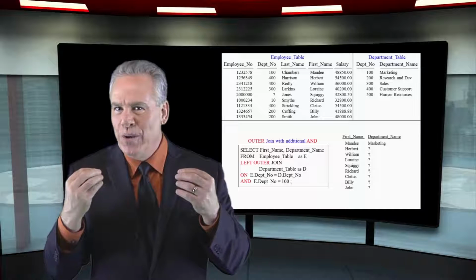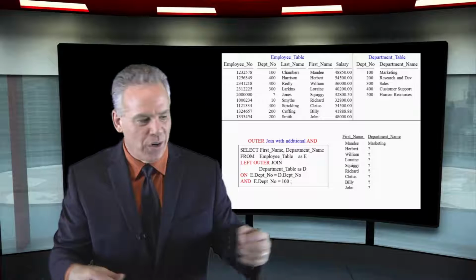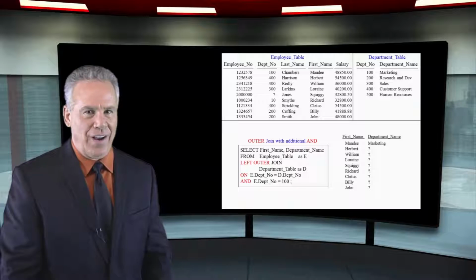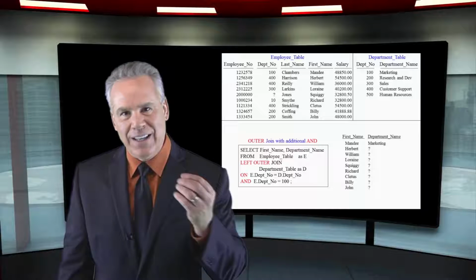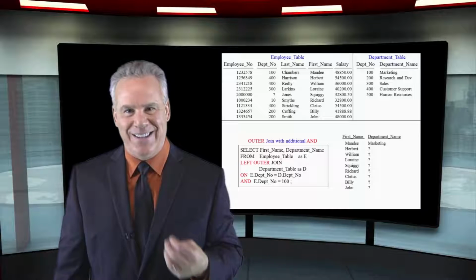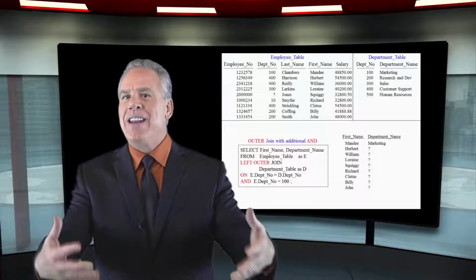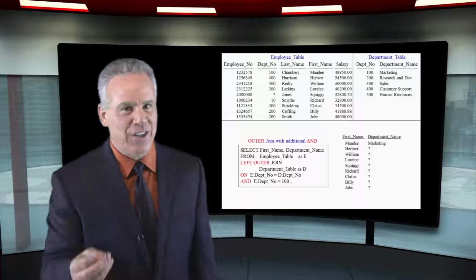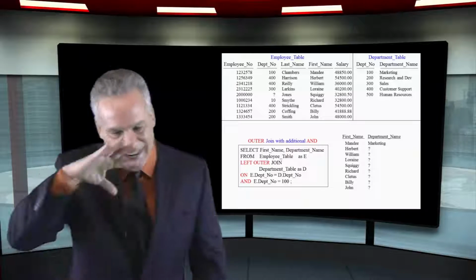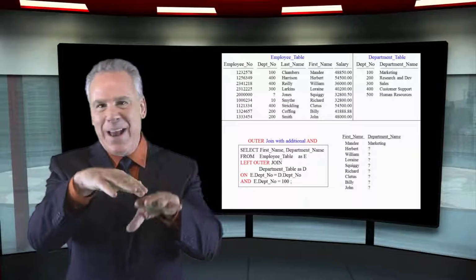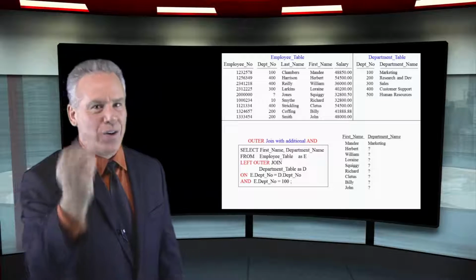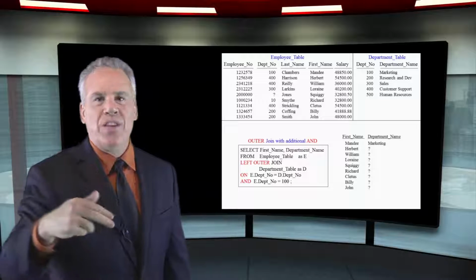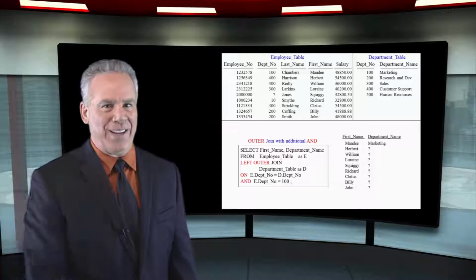But when you go to an outer join, your additional where clause is going to run last. It takes a lot of time, but it's going to give you the information that's going to make sense to you. And if you have an outer join and you have an additional and clause, oh, it's going to do that and clause right away, but then it's going to bring back a bunch of junk with it. So those are your options for your inner and outer joins with additional where and and clauses.